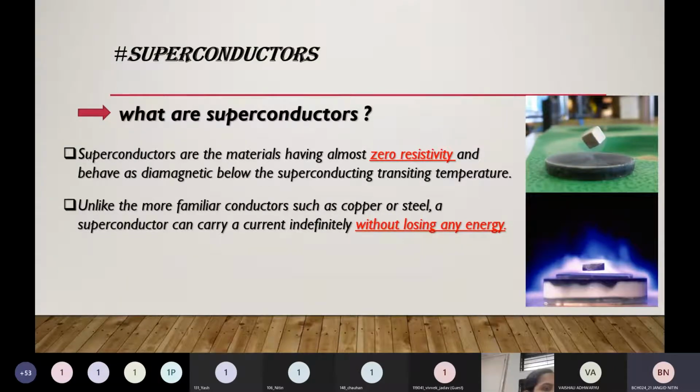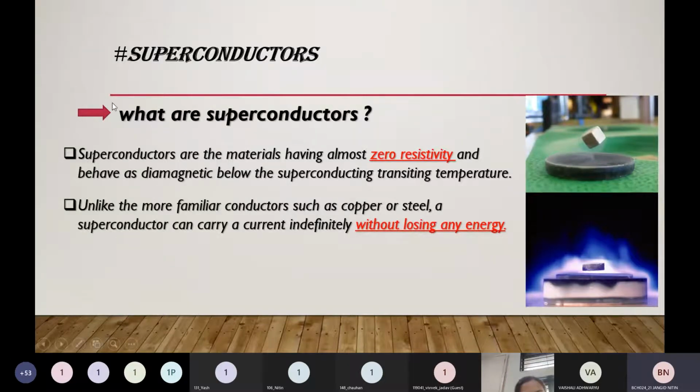Resistance actually opposes the flow of current, due to which there is a heavy loss of current when we use simple conductors. Here comes the superconductor. A superconductor will reduce the resistivity, so the power will be used efficiently.